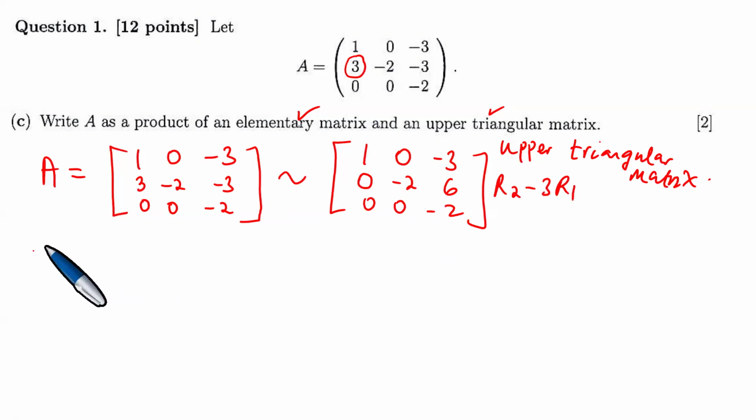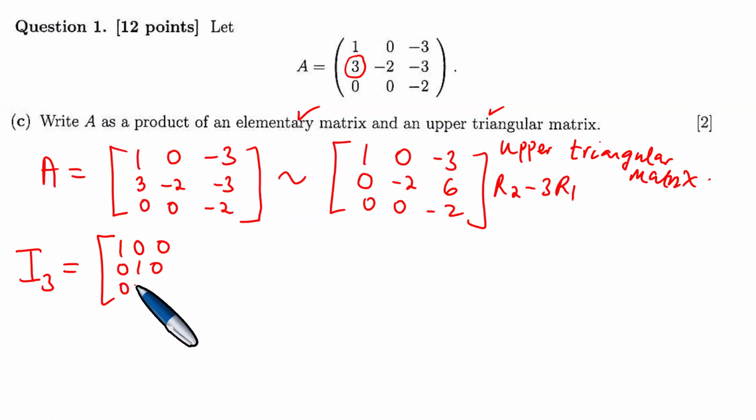So, which means that we'll define an elementary matrix 1. But first, we would consider the identity matrix of 3 by 3, right size. It's 1, 0, 0, then 0, 1, 0, and then 0, 0, 1, like this.